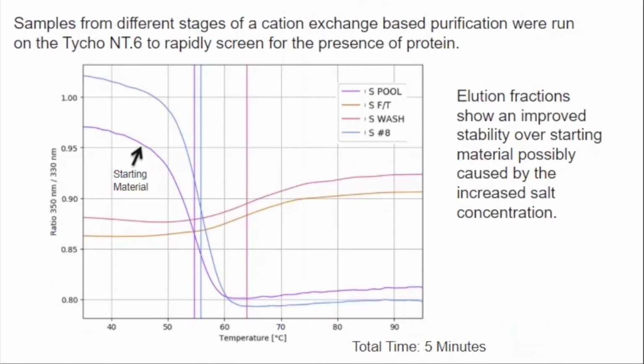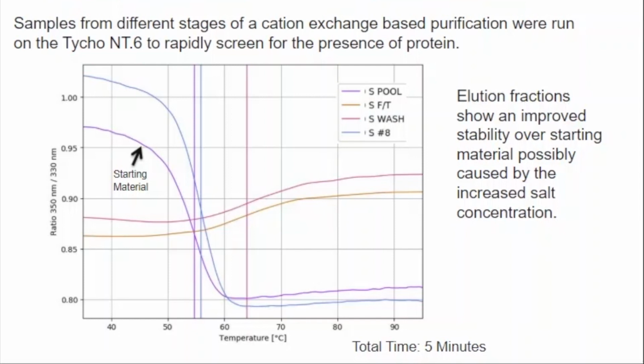On the next slide, similarly, we do a lot of ion exchange-based purification. So I took this Tycho result from a cation exchange-based purification I did last week. You can see the dark blue line that's indicated with the arrow. That was my starting sample.